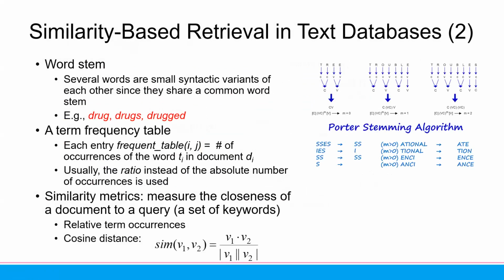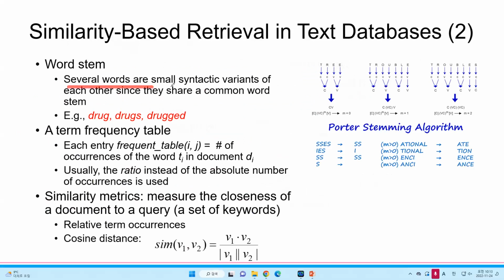So there are some ways to measure the similarity. We call it word stem. In text, the word stem means several words that are small syntactic variants of each other since they share a common word stem. Stem means we want to change the word into the original.